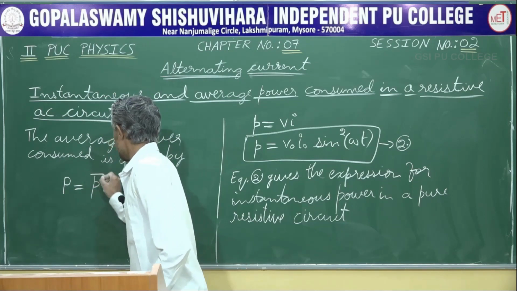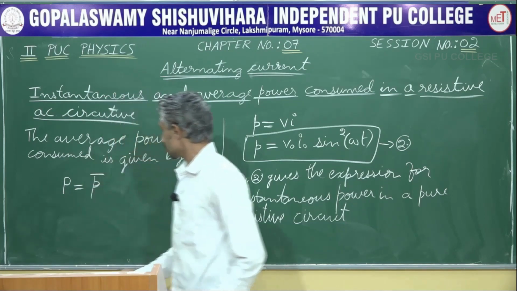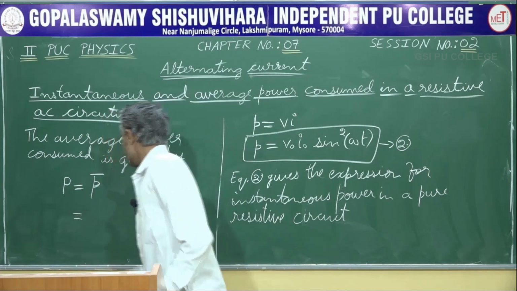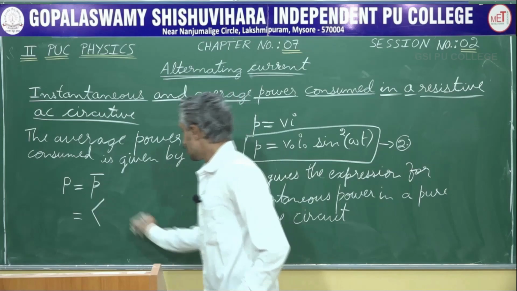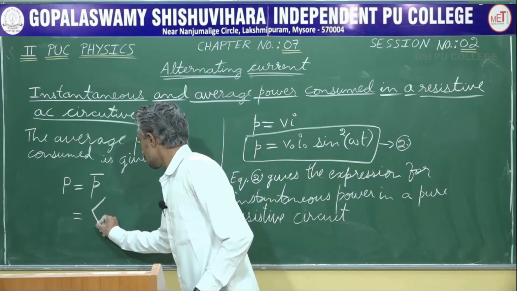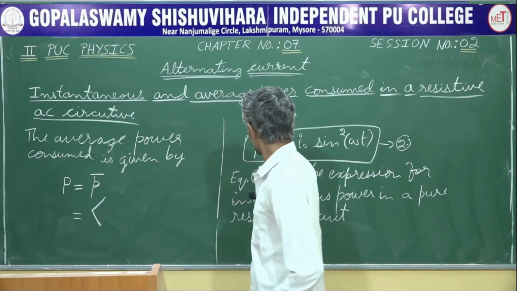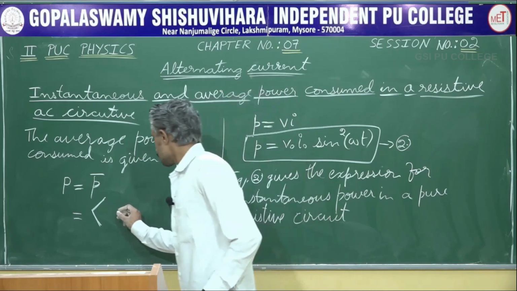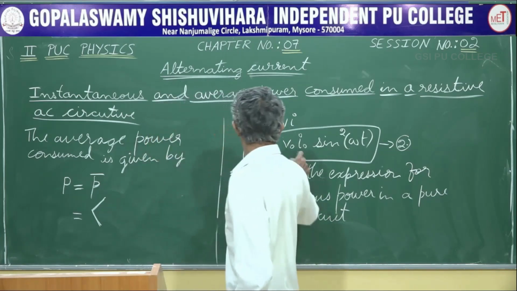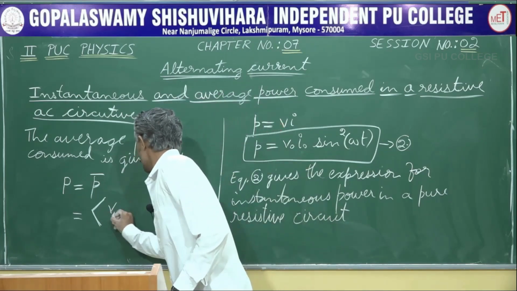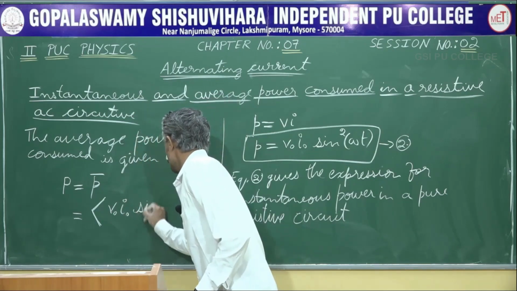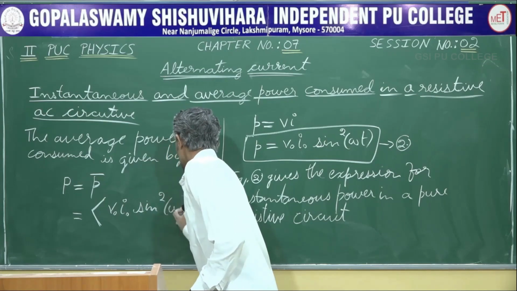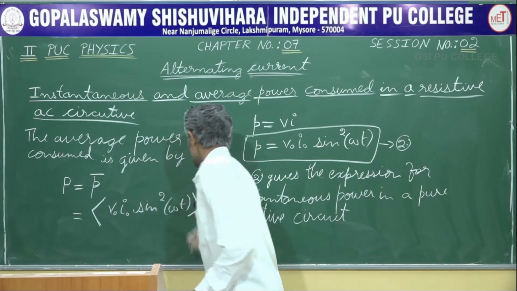You can also represent it as small p with a bar above. So, average is represented mathematically in angle brackets. So, this is going to be average of V naught I naught into sin square omega t.